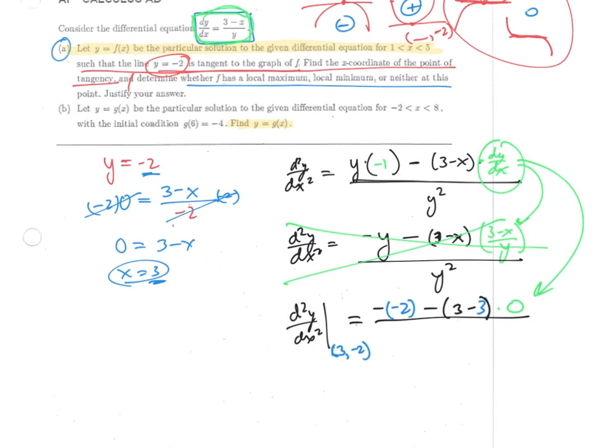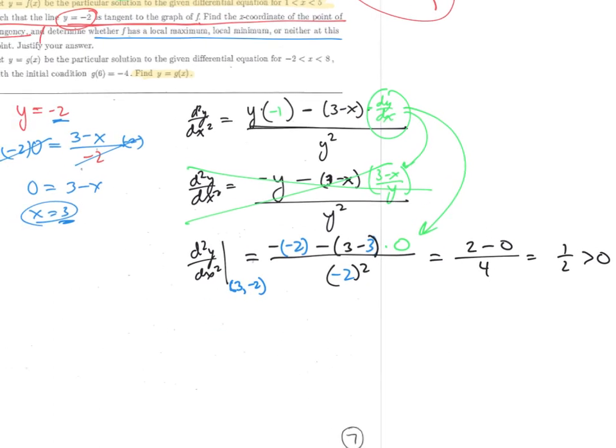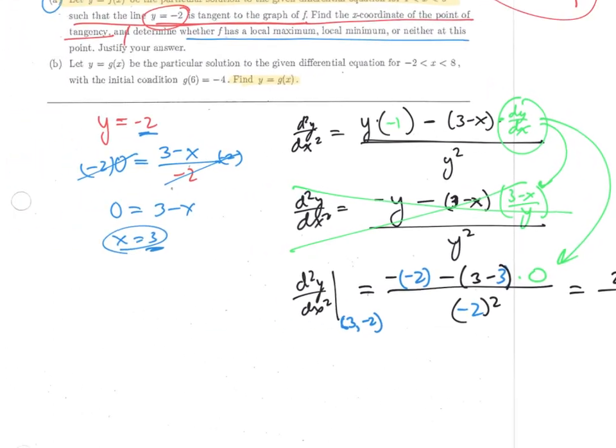And then plugging in my y value, which is negative 2, and then squaring that. So I'm just going to keep working this. I've got 2 minus that whole term, which is 0, over 4, gives me 1/2, which is greater than 0. So I'm ready to make a conclusion.